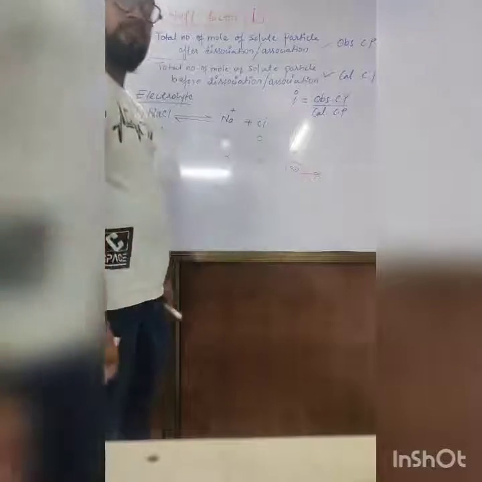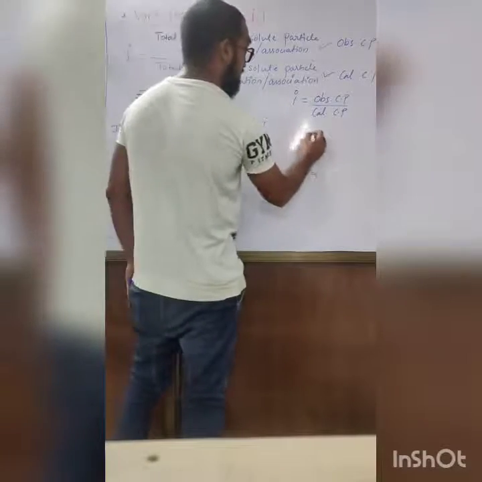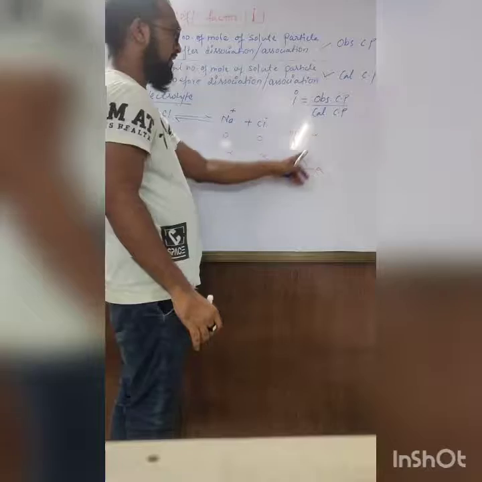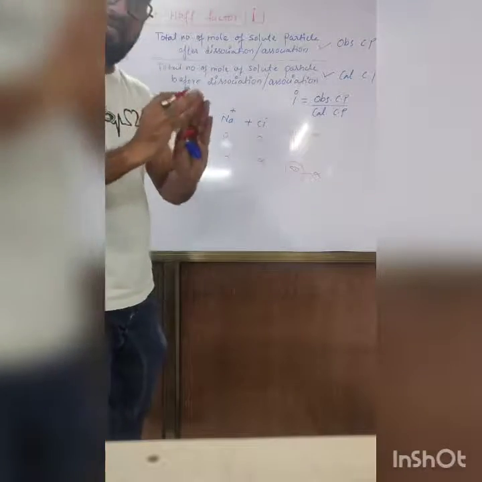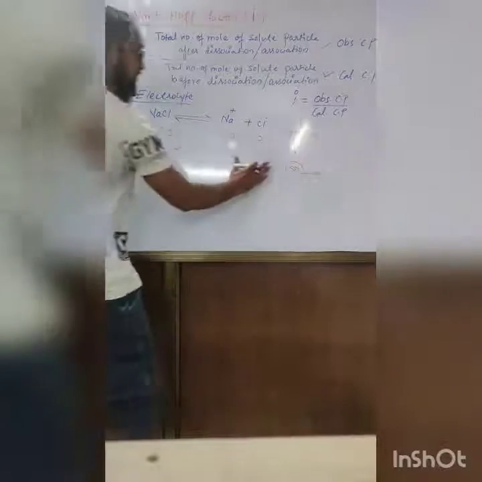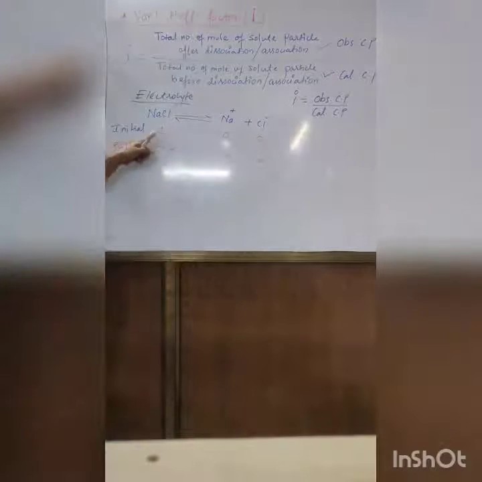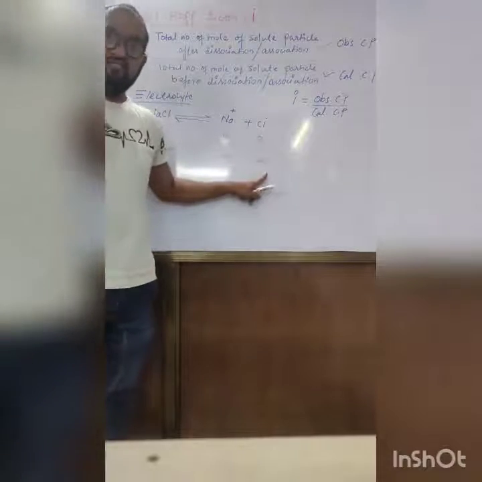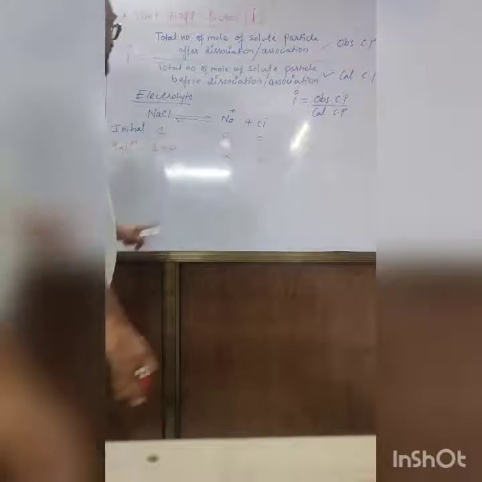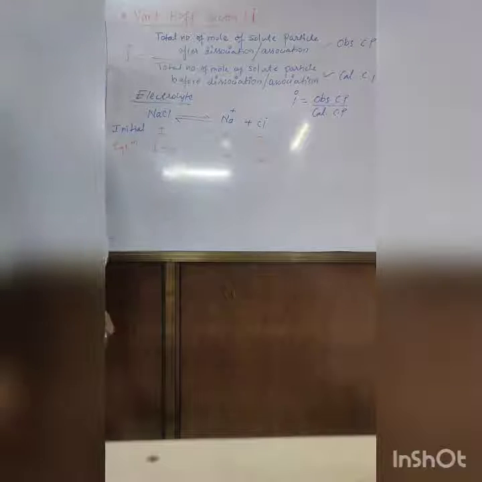Then how much is remaining? 100 minus 50, meaning 50 moles remain which did not dissociate. Same here, out of 1 mole, alpha mole gets dissociated, and the remaining is 1 minus alpha.